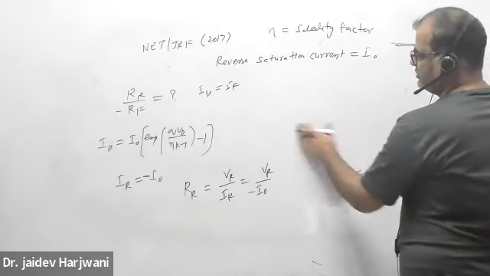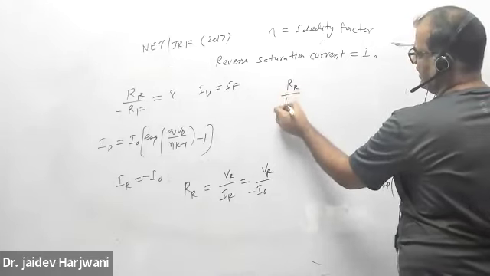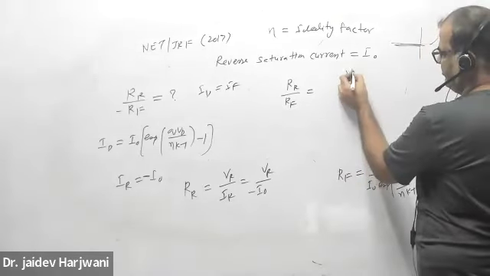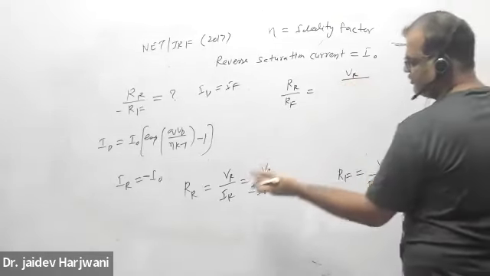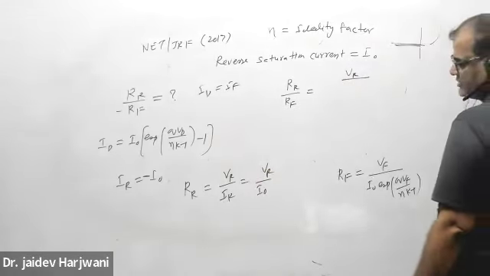Now if I find the ratio RR versus RF, that is VR, the minus sign you can remove because you are calculating resistance only.